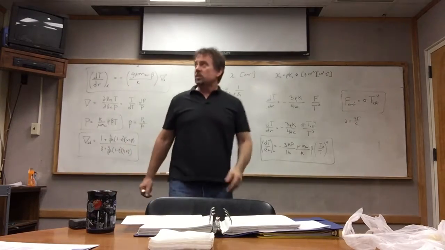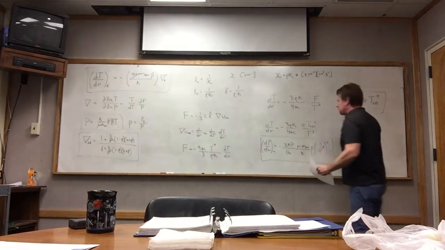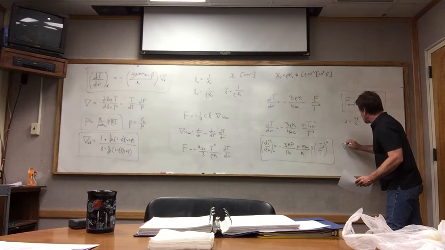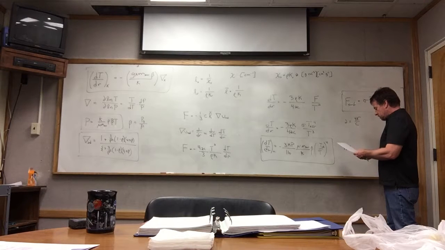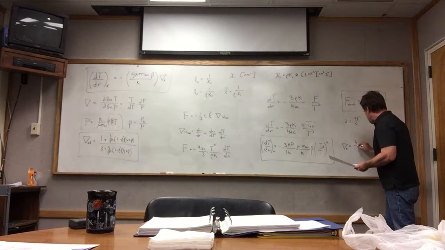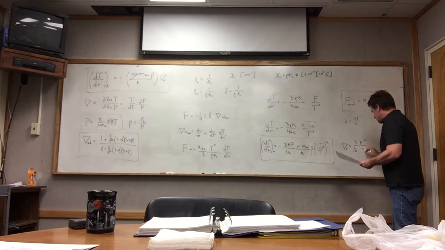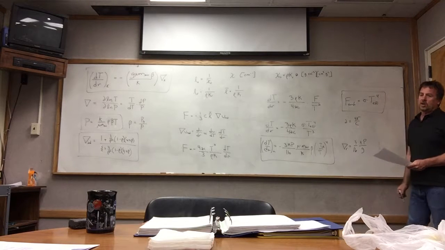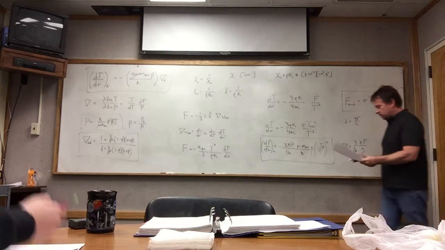When you do that, you get the final solution down here: del radiative is 3 over 16 kappa P over g. And where does my beta go? Oh yeah, I guess the beta drops out. No, it's not there.